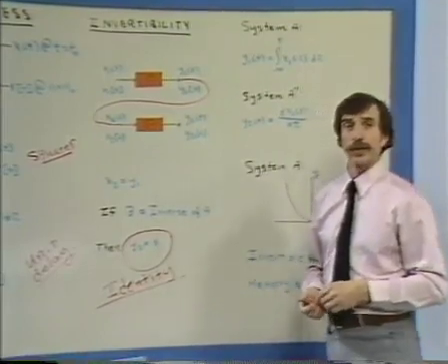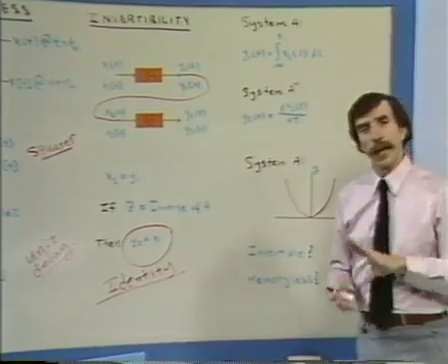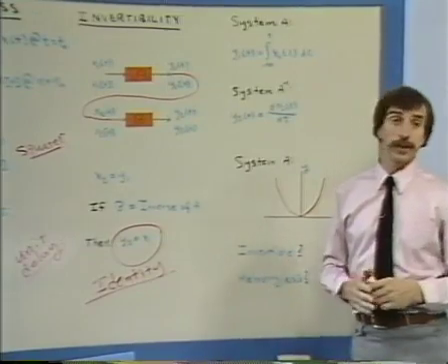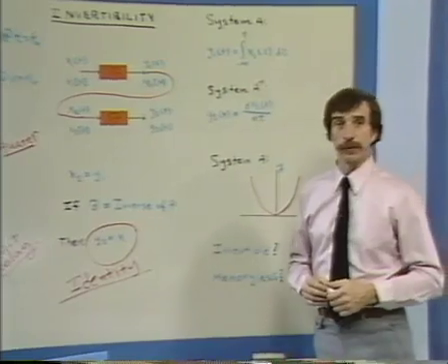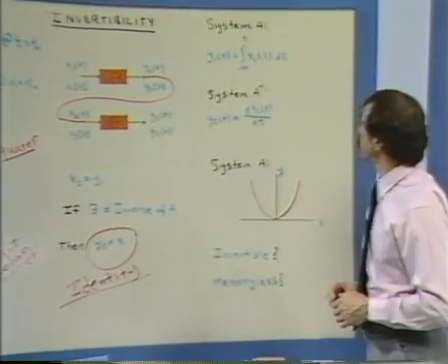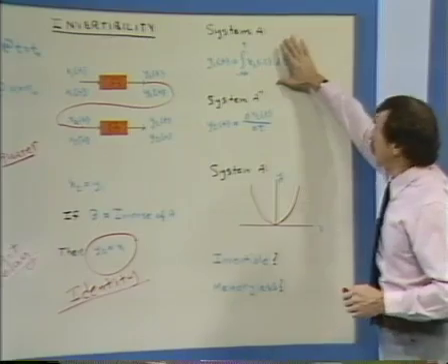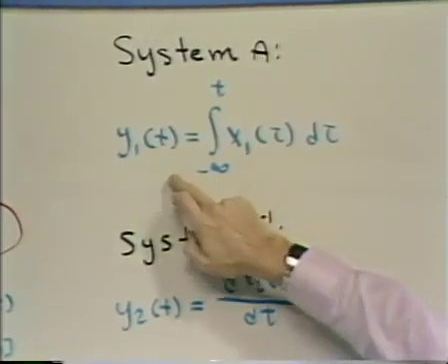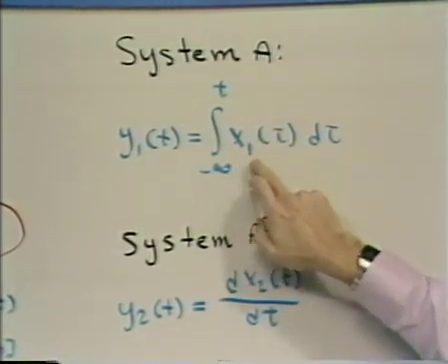And clearly, of course, for a system to be able to be cascaded with another system to generate the identity system requires that the first system, system A, be invertible. So let's look at some examples. If we had system A, as I've indicated here, where now the output is the running integral of the input.